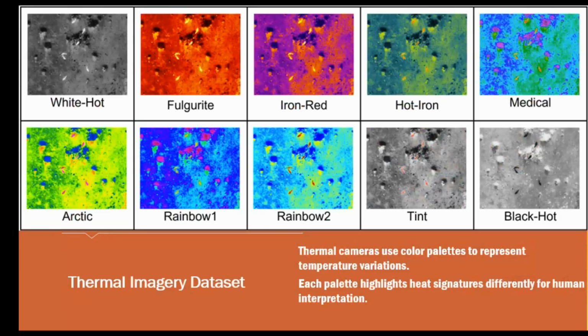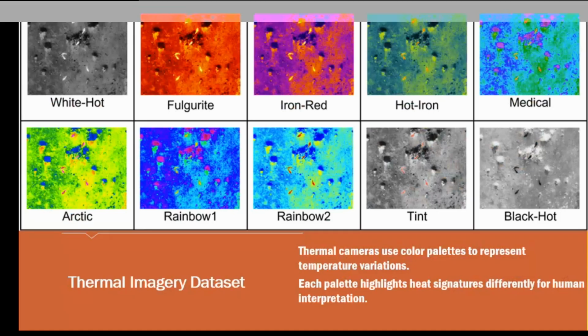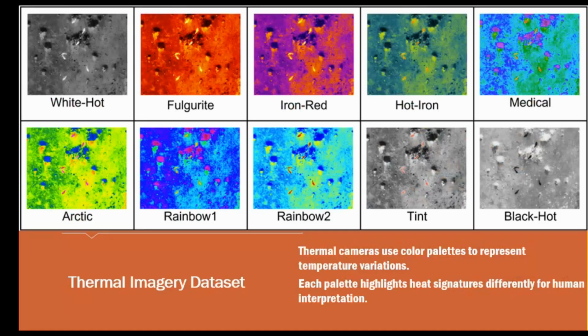When we finish the construction of the detection model, we will face a new problem: thermal images with different color palettes. The main difference between a true color image and a thermal image is that thermal cameras can use color palettes to visually represent the temperature deviation in the scene. These color palettes can map the heat signature to different colors, which is very useful for animal extraction.